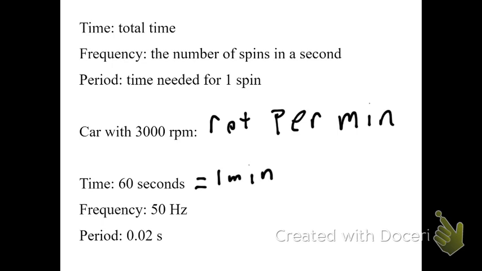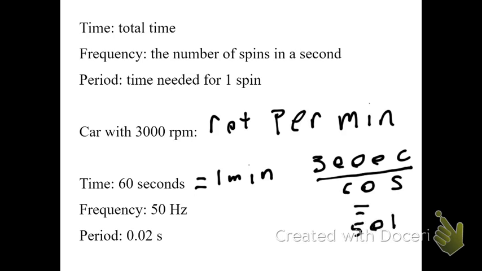So if we know that there are 3,000 rotations, so 3,000 cycles in 60 seconds, so cycles per unit of time, 3,000 divided by 60, that gives us 50 hertz. So it's going 50 times around in circles per second.